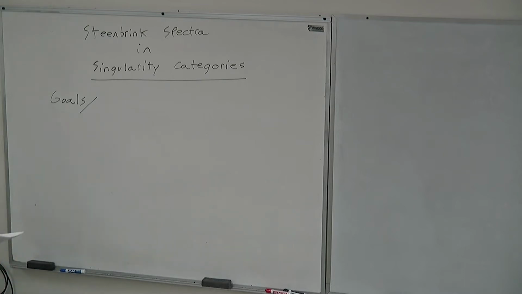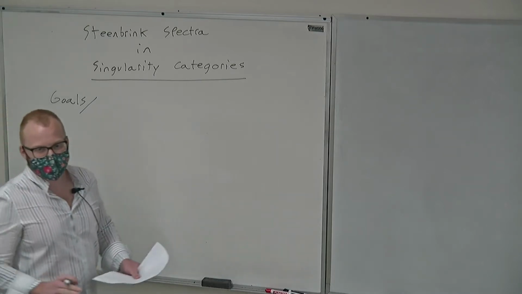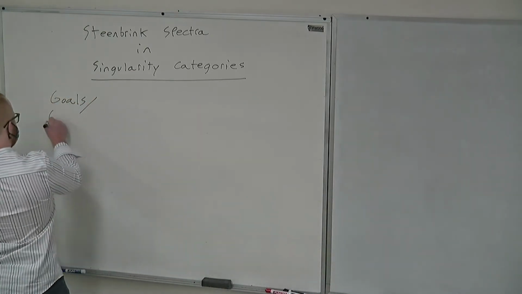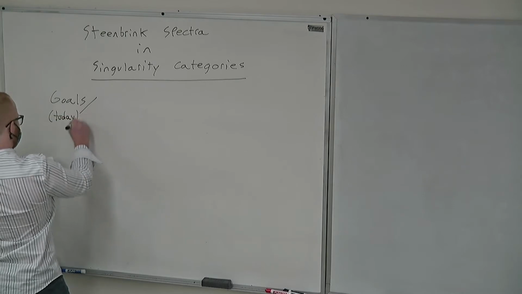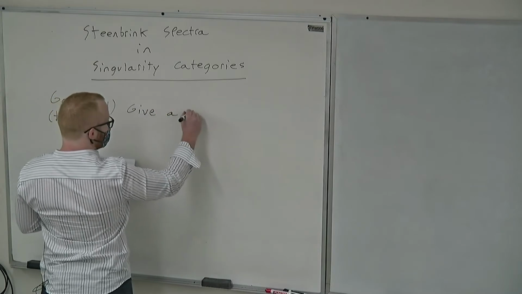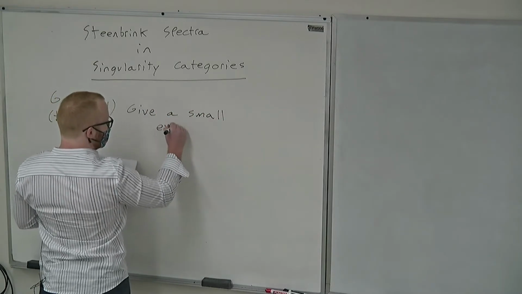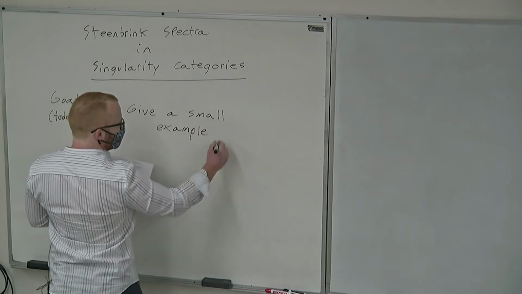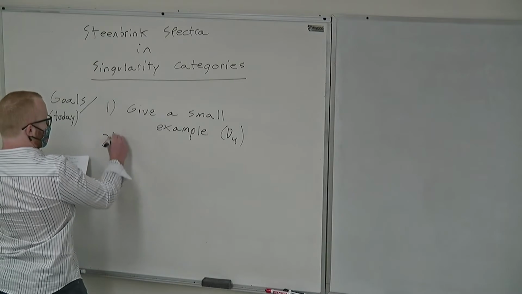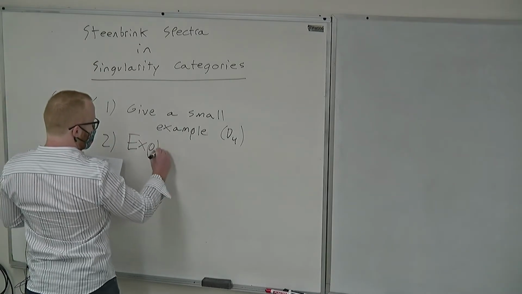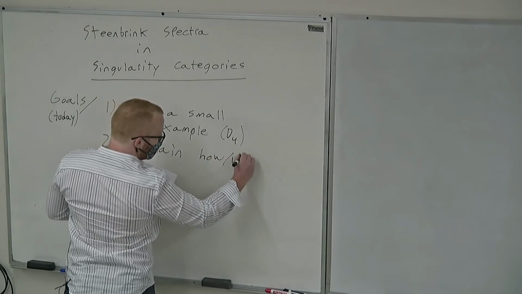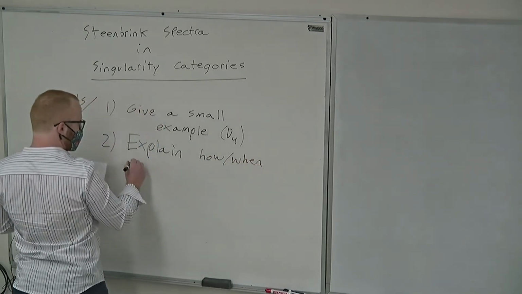Okay, so today I have a couple goals. This will probably be a two-part talk. Today, at least, the goals will be to go over a small example, and in particular, I'm going to talk about D4, and then explain how and when we can analyze this.